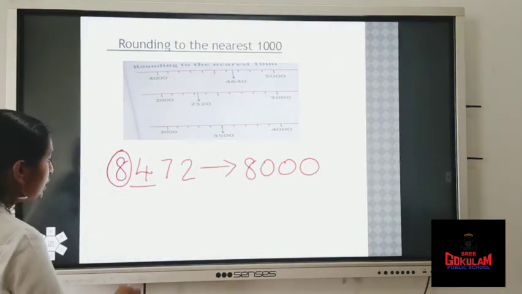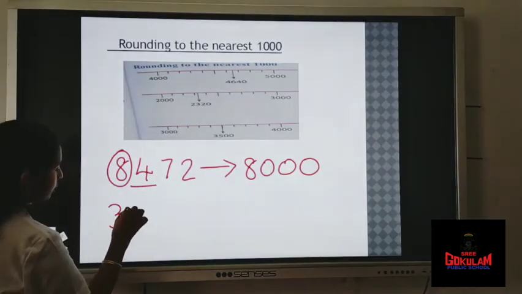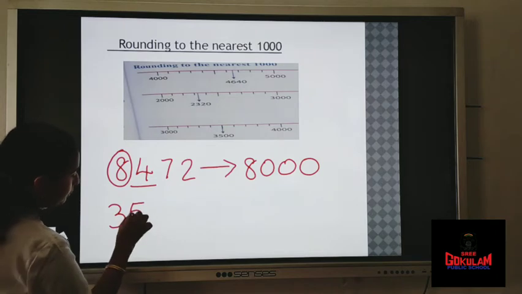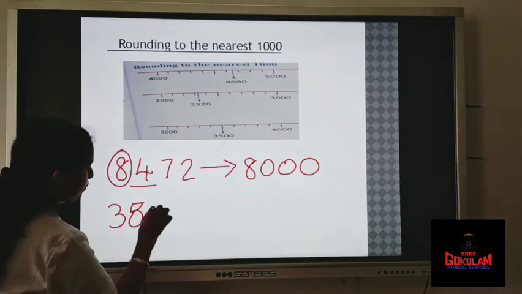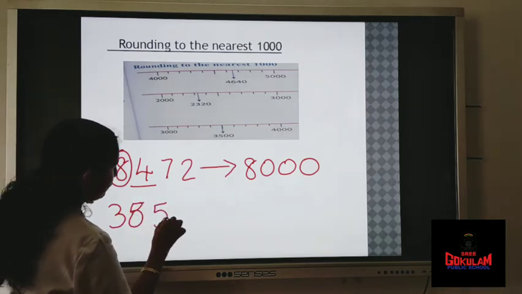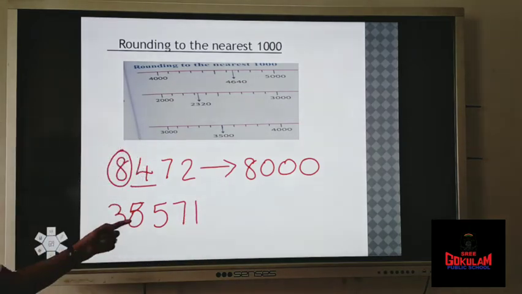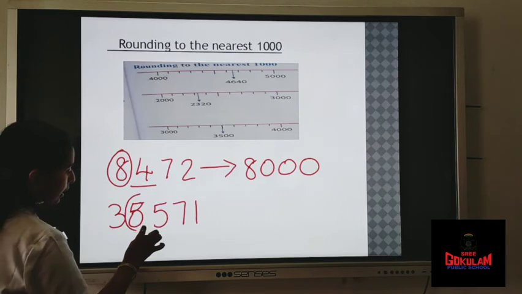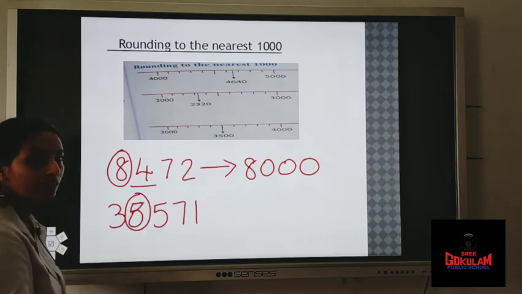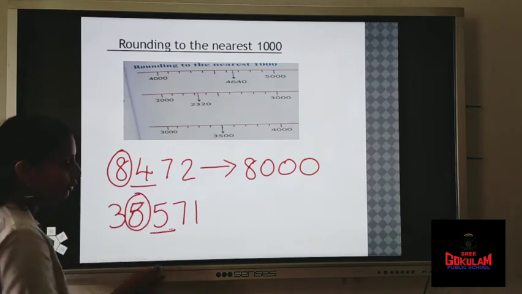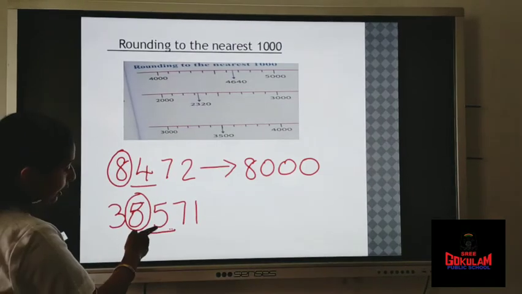Okay, another example, 38,571. Here, the thousands place we have to circle, and the next place we have to underline. And just check, it is 5.